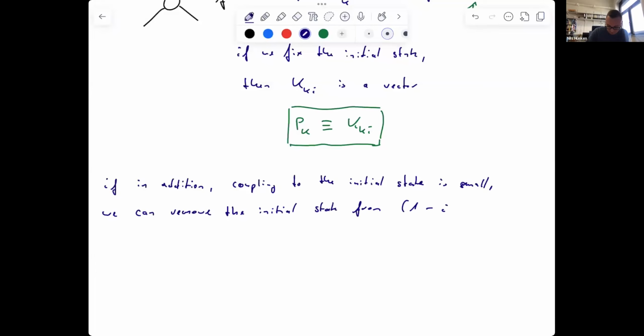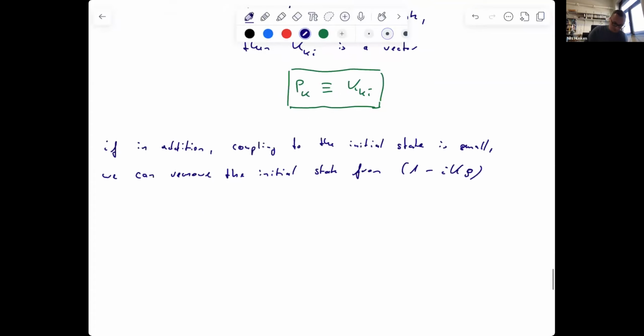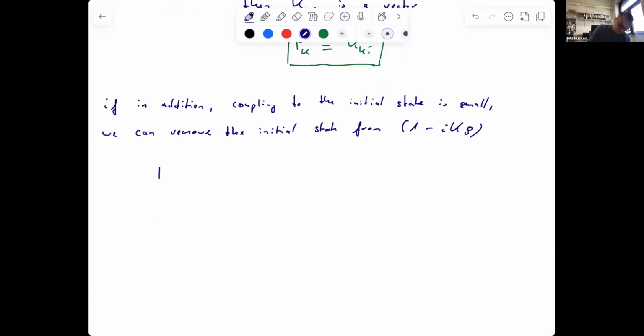To remove the initial state from this expression. So if you have a matrix in channel space including your initial state that is, I don't know, a 4x4 matrix, then you reduce this denominator to a 3x3 matrix. And then we get what's now called the F vector, and typically in this p-vector formalism, that's basically the same thing we had before.